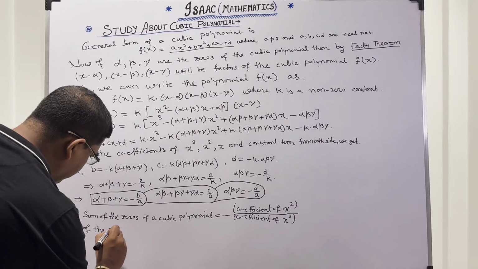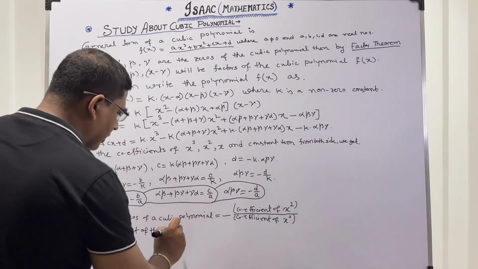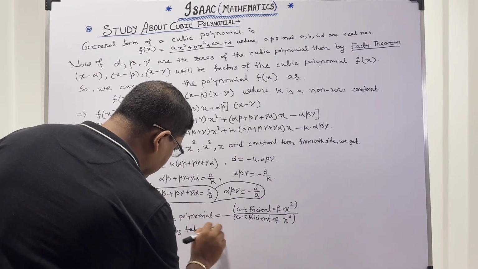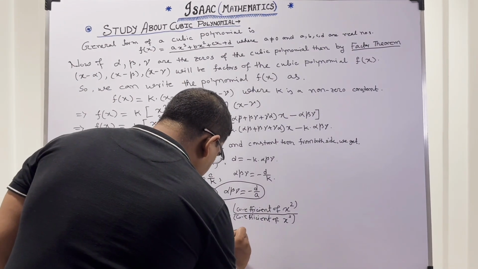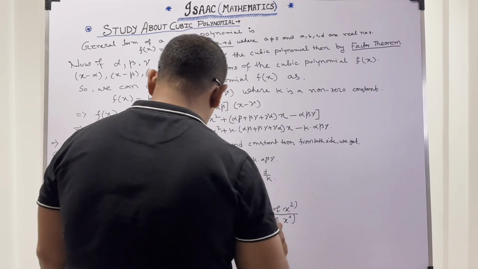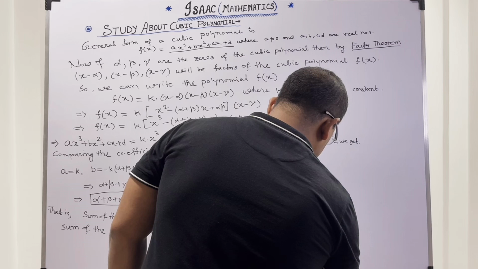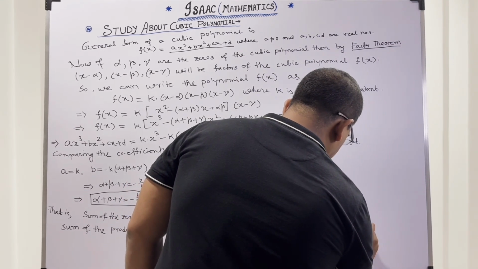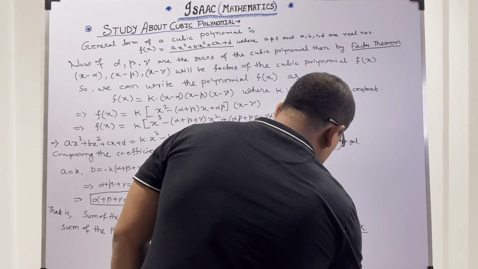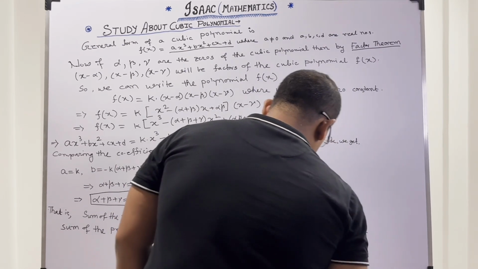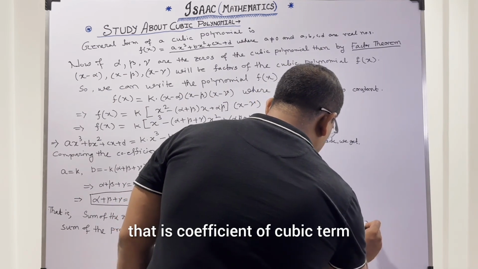Sum of the product of the zeros taken two at a time is equals to coefficient of x, that is coefficient of linear term, by coefficient of x cube, that is coefficient of cubic term.